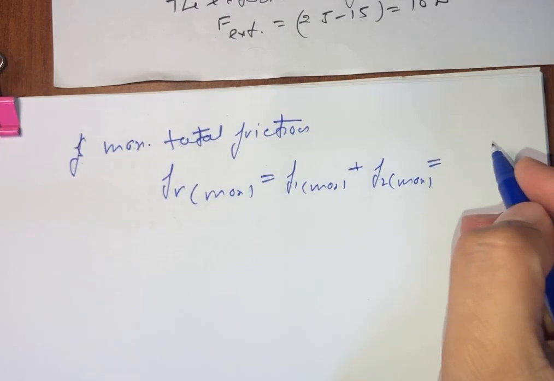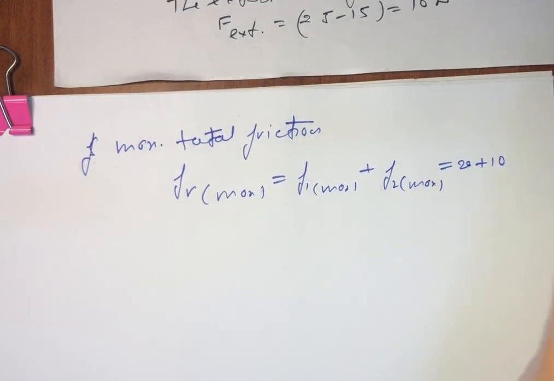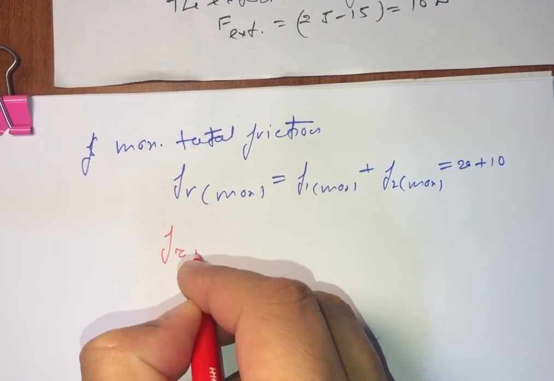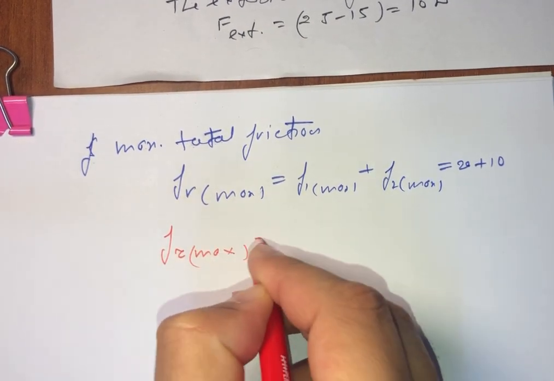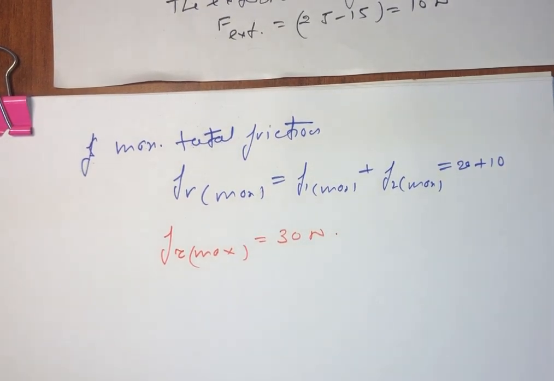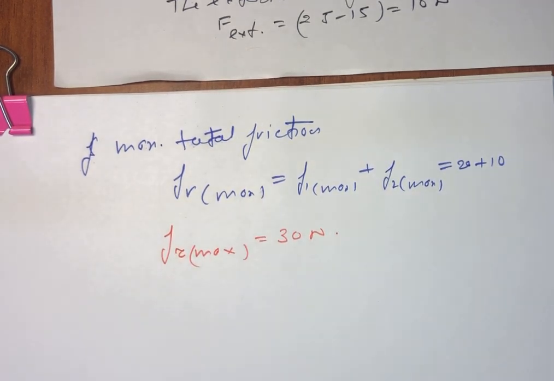We have our F1 max as 20 plus 10, so we get Fr max equal to 30 Newton.